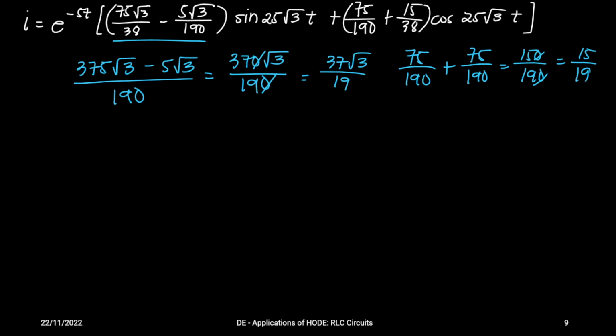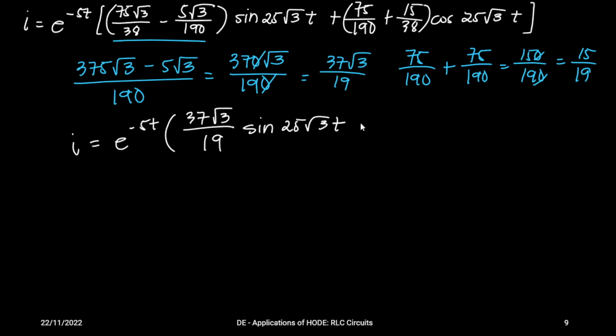Okay, so therefore, the value of the current at any given time is given by e raised to negative 5t, multiplied by 37 square root of 3 over 19 sine 25 square root of 3t, plus 15 over 19 cosine 25 square root of 3t.